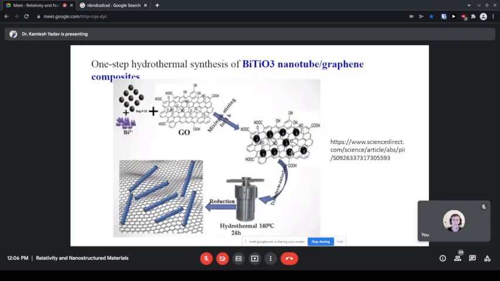Even suppose this is graphene oxide, let us consider a precursor of bismuth, mix the two, and add this solution in a hydrothermal autoclave. Then we can obtain the tube form of bismuth titanate, or bismuth titanate graphene nanocomposites, by combining the two.